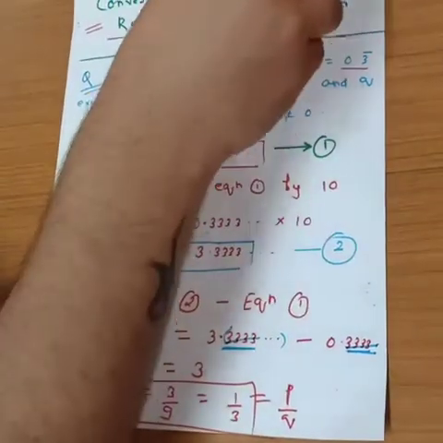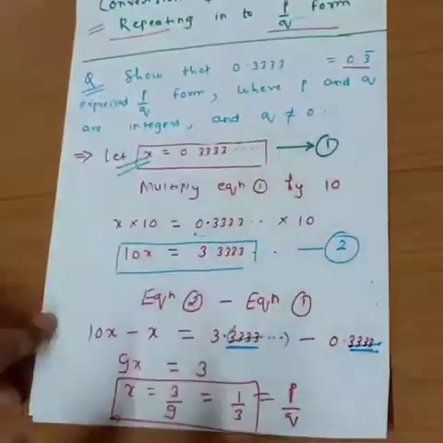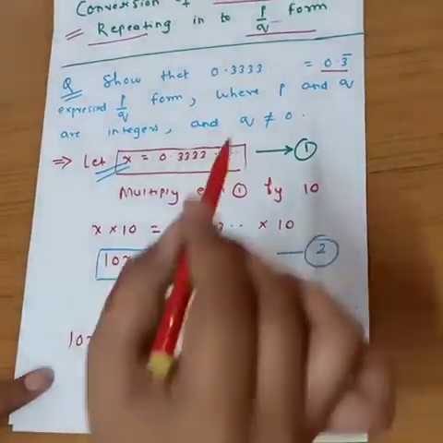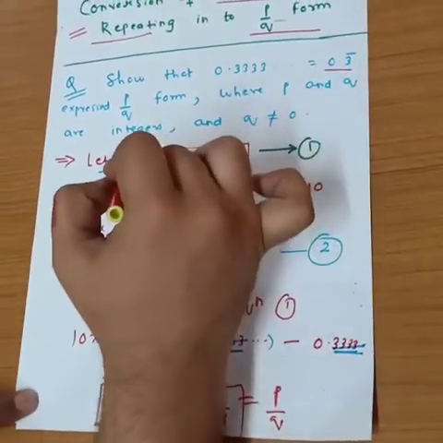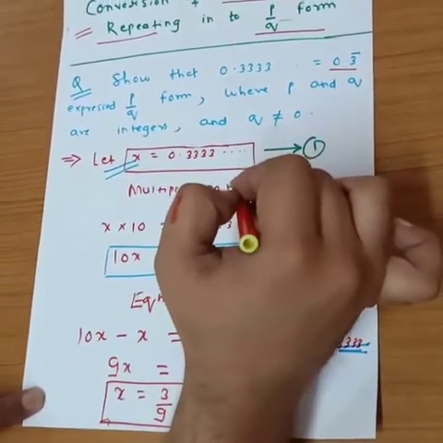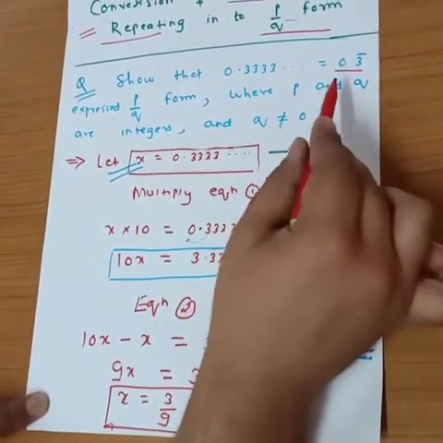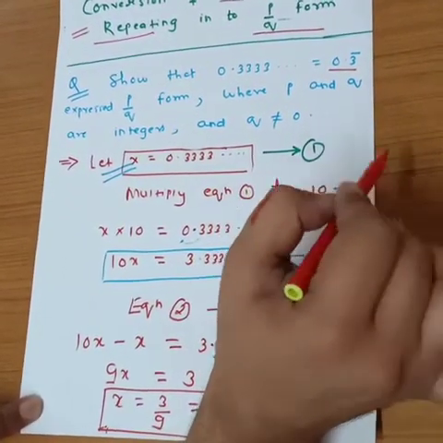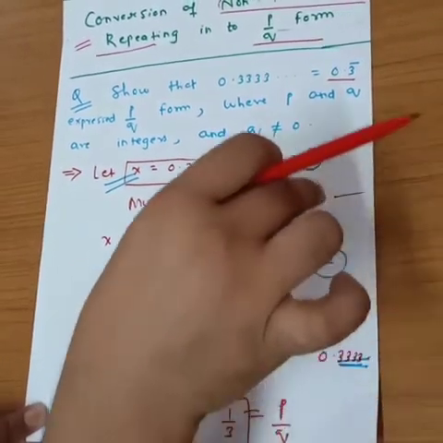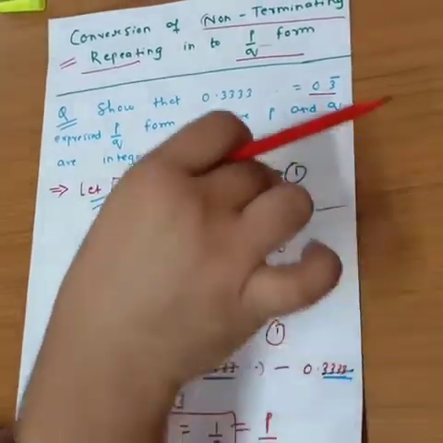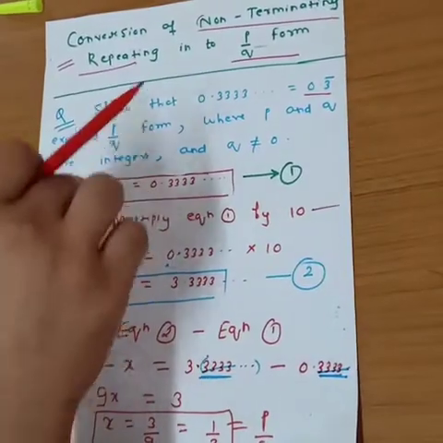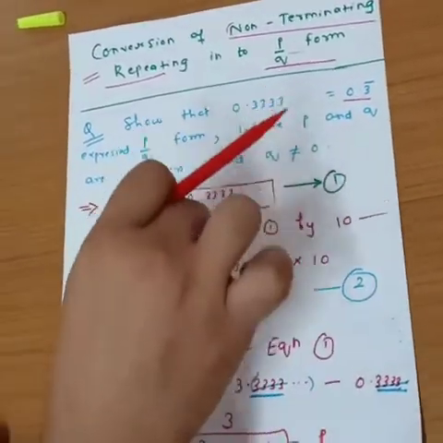So this is how we convert a non-terminating repeating decimal into the p by q form. It is a very simple process. First, whatever the number given, you take it as x, and depending on the repeating digits, you multiply. If only a single digit is repeating, we multiply by 10, giving equation number 2. You get the two equations 1 and 2, and you subtract them, left side with left side, right side with right side.